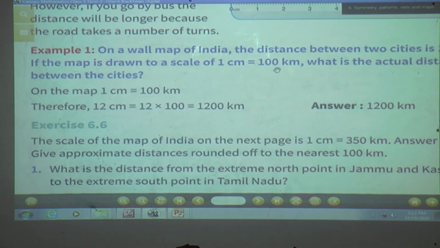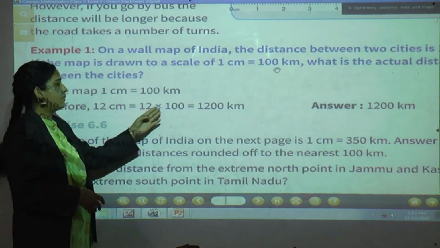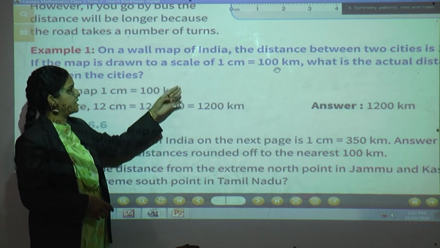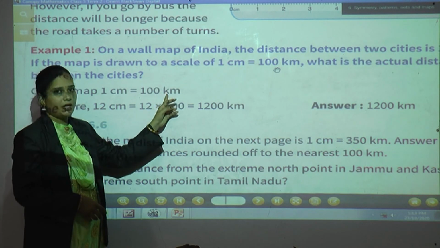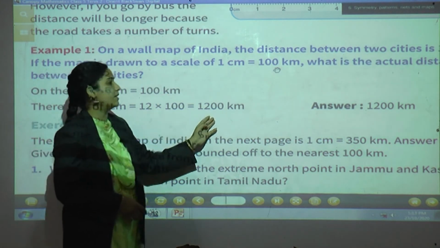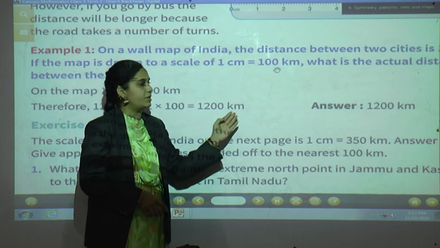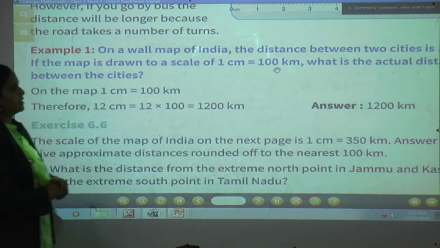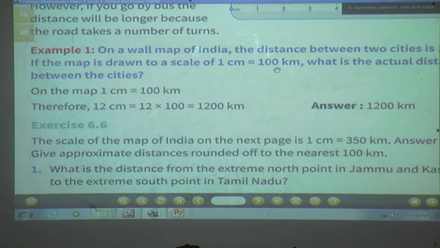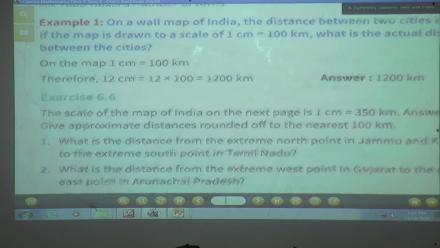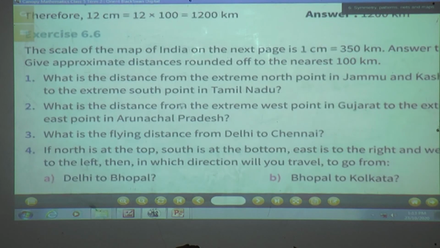Therefore, the distance between two cities is 12 centimeters. So multiply 12 by 100, because our scale is 1 centimeter is equal to 100 kilometers. So we get the answer 1200 kilometers. The final answer is, the actual distance between the cities is 1200 kilometers.